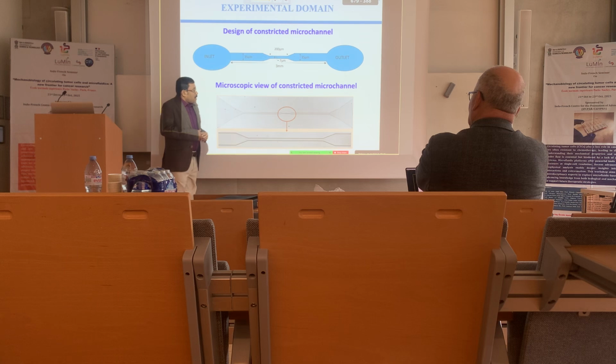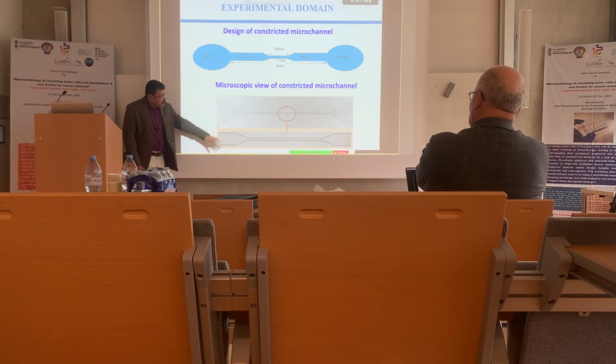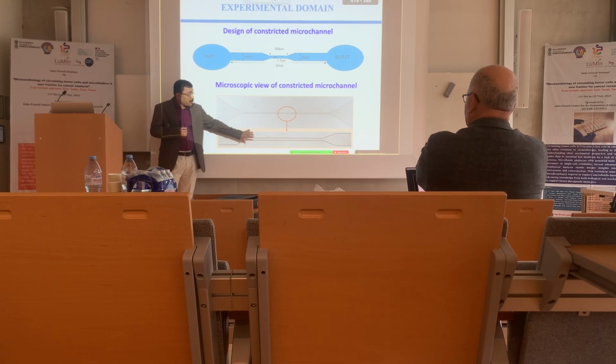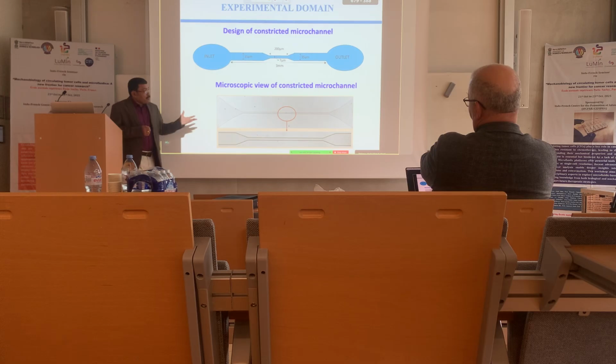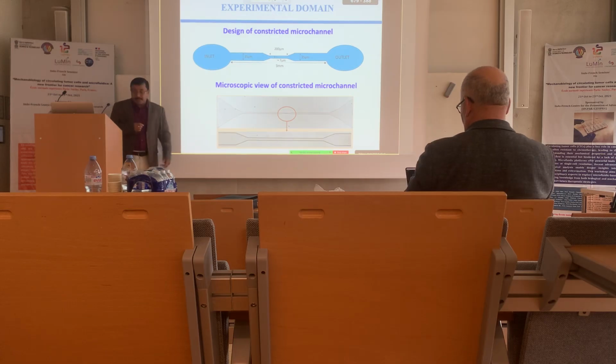This is a picture taken from the microscope, so you can see a clear view. With the bare eye it is very difficult to see this channel. You can imagine that our hair size is of the order of 70 micron, and this is 7 micron, so 1/10 of that size.